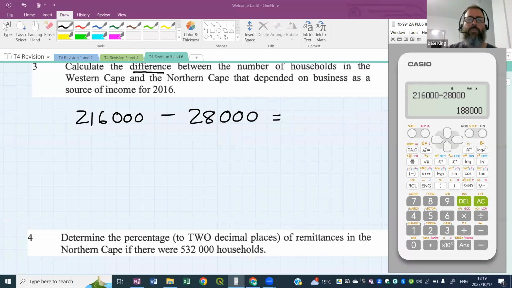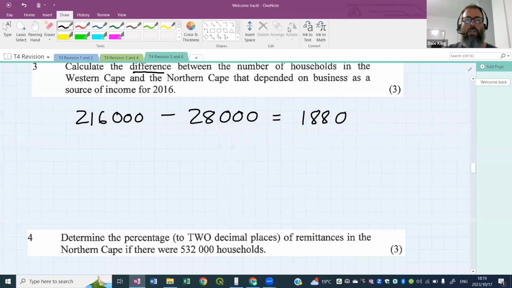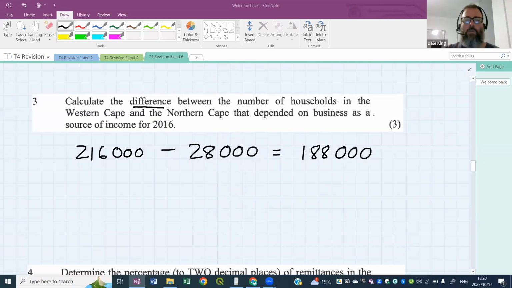Well done. I actually enjoy this part of the Mathlet exam, the interpretation of graphs that they give us. I really enjoy this section. They give us the information and we just have to work with it. All right, well done. I don't know why this is 3 marks though. You see, this is 3 marks for a very simple calculation. Makes me wonder.